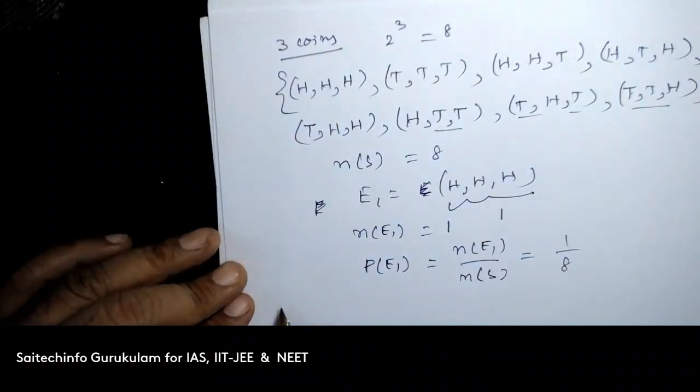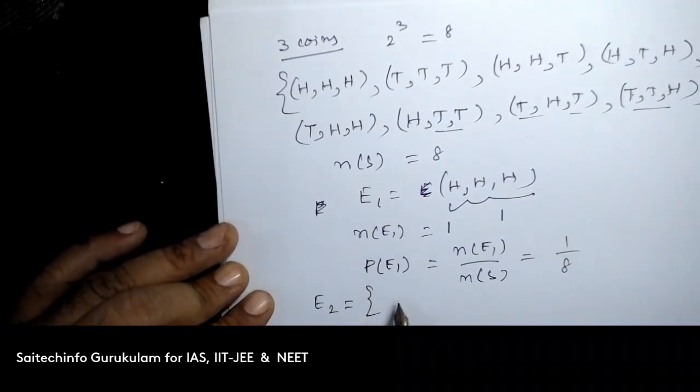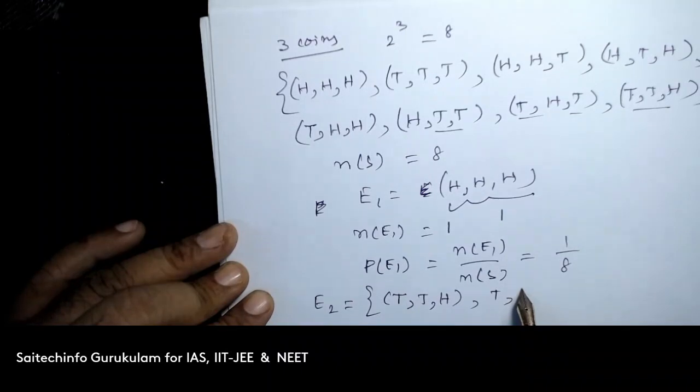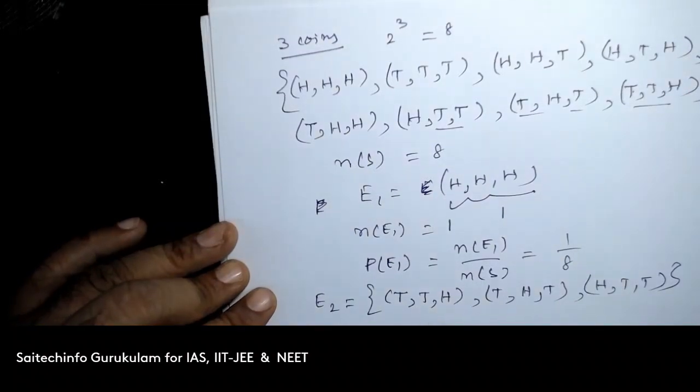So the number of E2 is defined as, you should be able to define that one. That is, 2 tails means first coin, second coin, tail and head. The second one is first coin, third coin, and the first coin head, second coin tail, third coin tail. Okay, likewise. So there are 3 chances. So probability of E2 is equal to what? Strictly having 2 tails means 3 divided by 8.